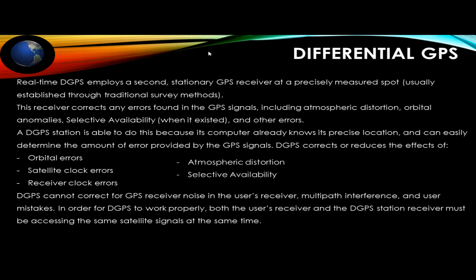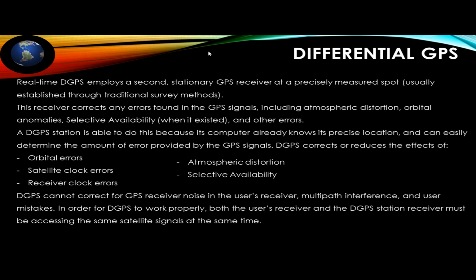It helps the receiver correct any error found in the GPS signal, including atmospheric distortion, orbital anomalies, selective availability when it existed, and other errors also. It is able to tackle them.